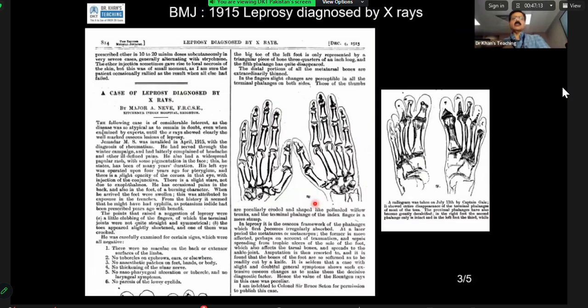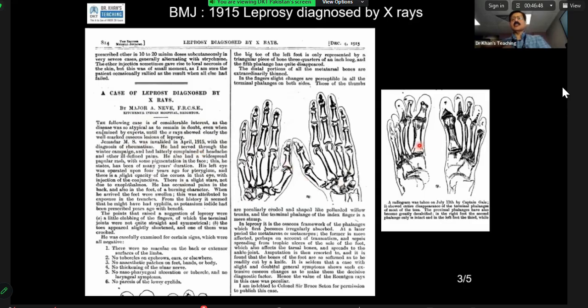Just for your interest, this is from the BMJ, 1915. The paper is written about an Indian Army soldier, at the Indian Hospital, Brighton, by Jamadar something, 1915.